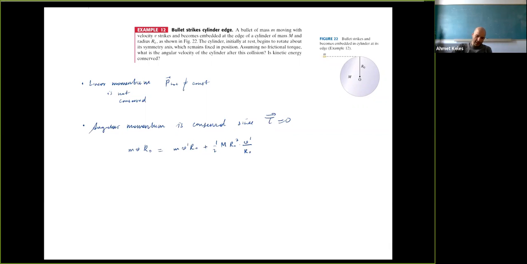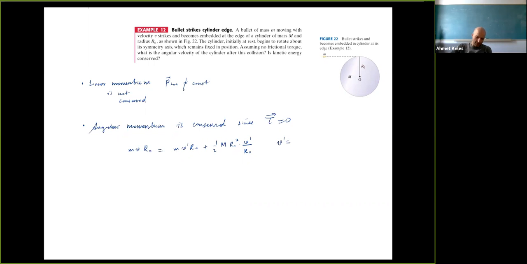So this bullet will have a v prime, and that v prime will be related to the angular rotation of the disk, which is omega, equal to v prime over r naught. So now we can solve this equation for v prime.